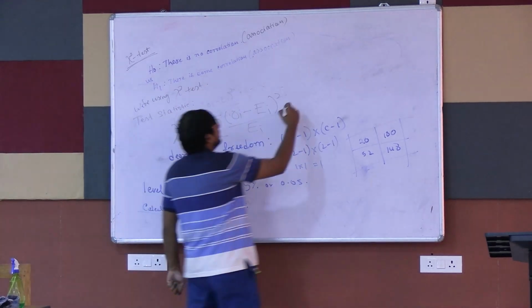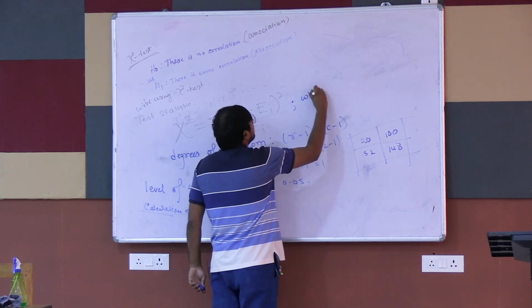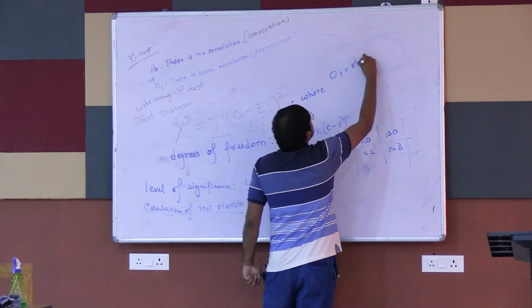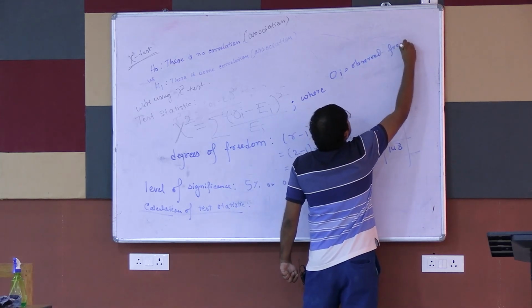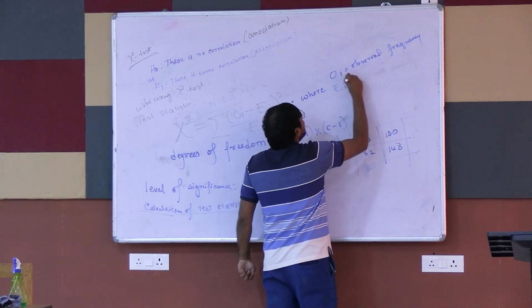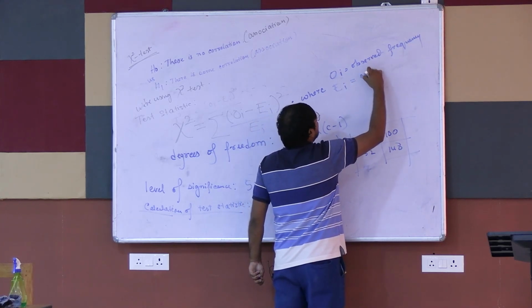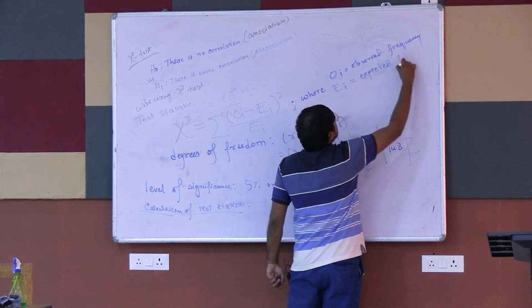Oh yes, another thing. Right here, OI is equal to observed frequency, EI is equal to expected frequency. Everyone was writing experimental frequency. I don't know why. It is expected frequency.